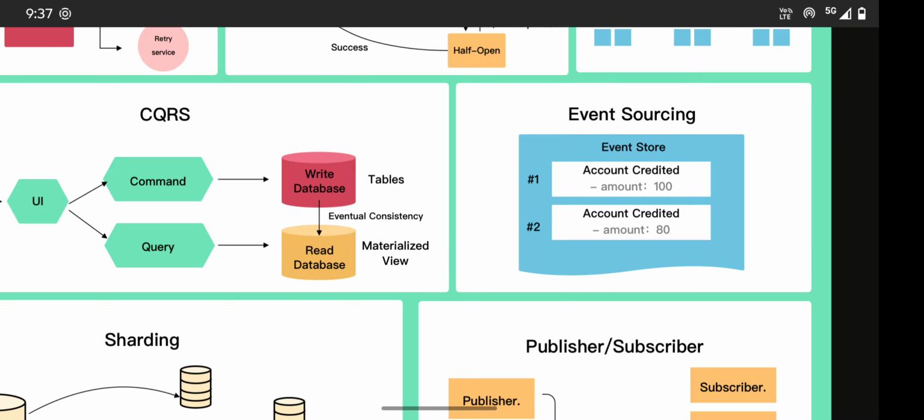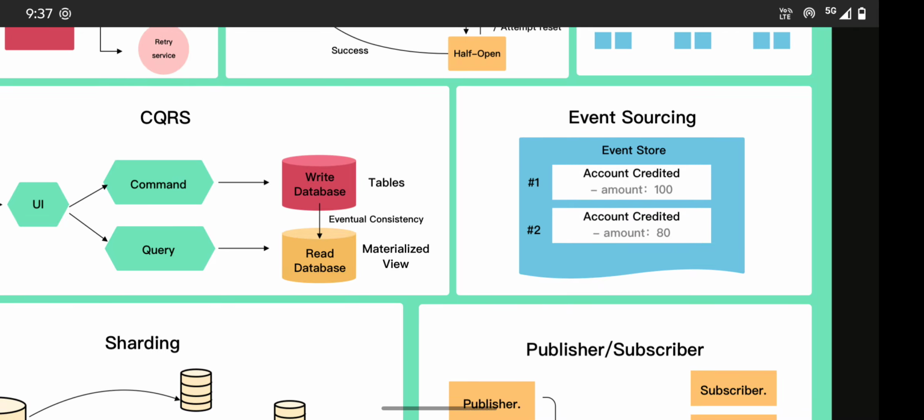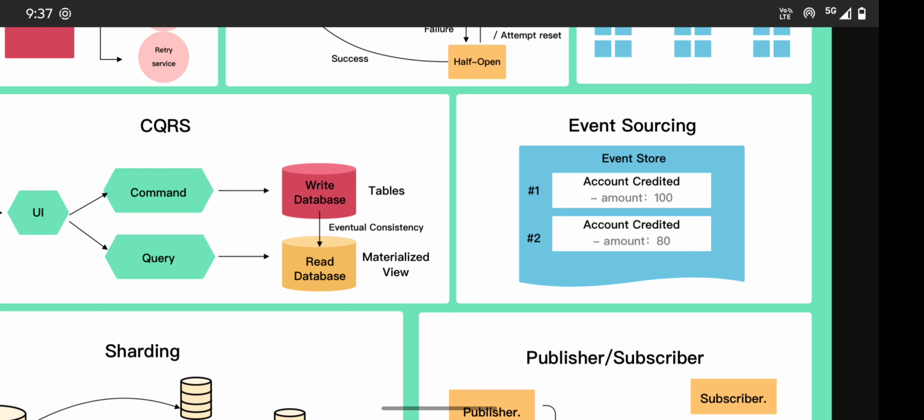Let's say the customer, this morning, used the American Express card and withdrew $100 from his account, and the balance now shows, for example, $700 remaining. Okay, 700 or 600.